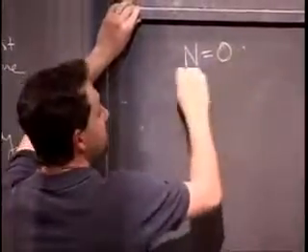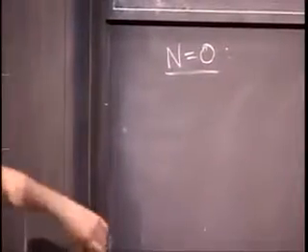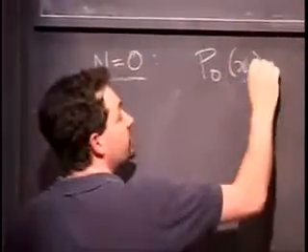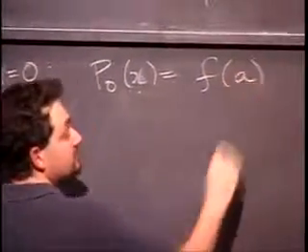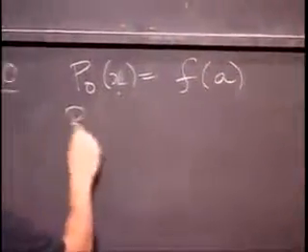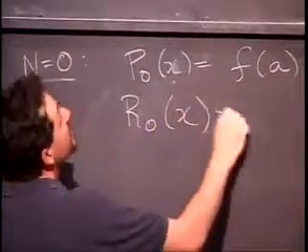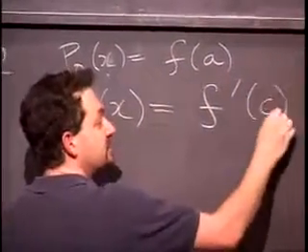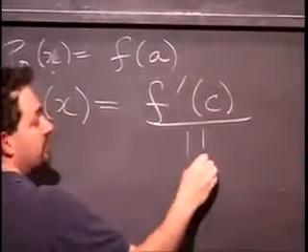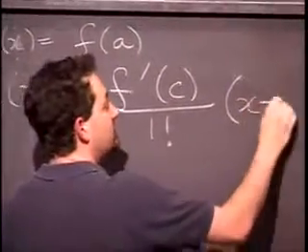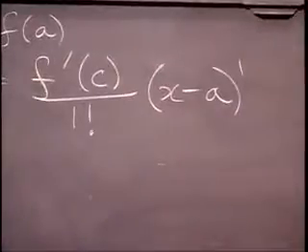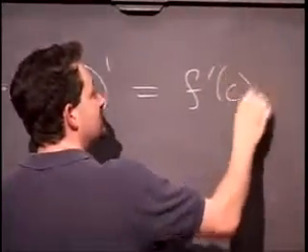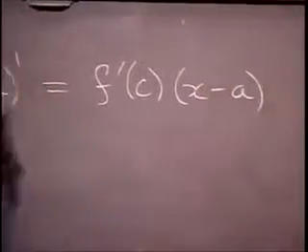Now, what happens if n equals 0? Let's just put this in context here. Suppose n equals 0. Well, the P0 of x is just the first term, f of a. Whereas according to the formula, R0 of x is the first derivative at c divided by 1 factorial times x minus a to the 1, otherwise known as f prime of c times x minus a.